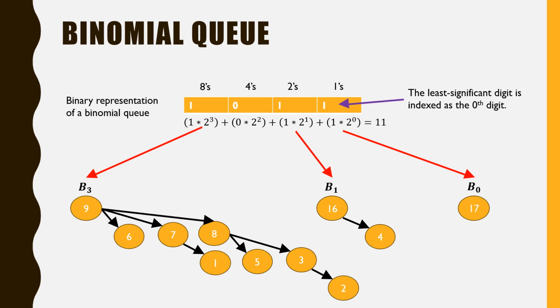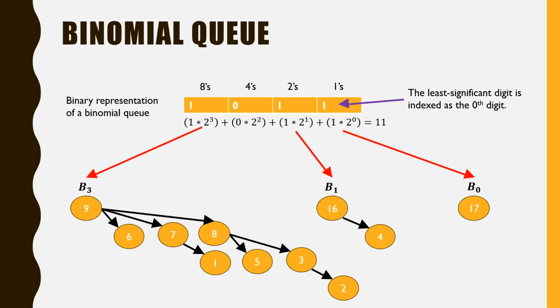The binary representation of a binomial queue contains m digits if the largest binomial tree contained in the queue is Bm. For each binomial tree Bk in the queue, the kth digit in its binary representation is set to 1.